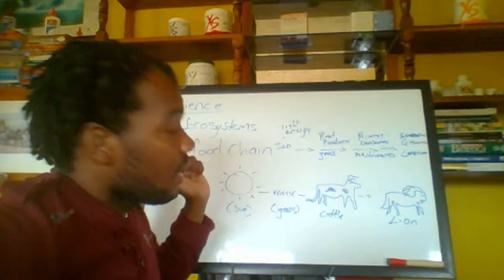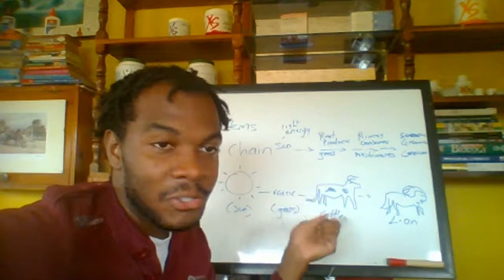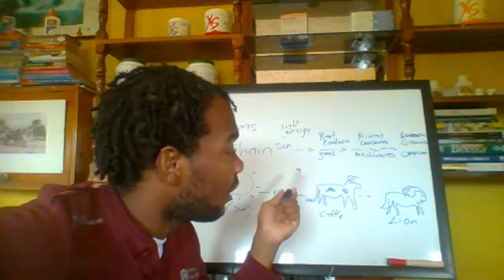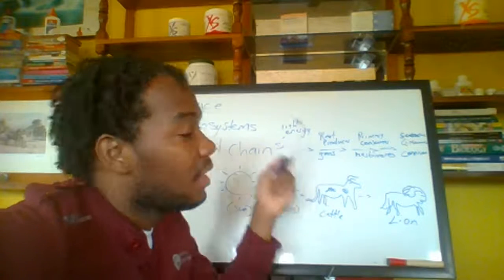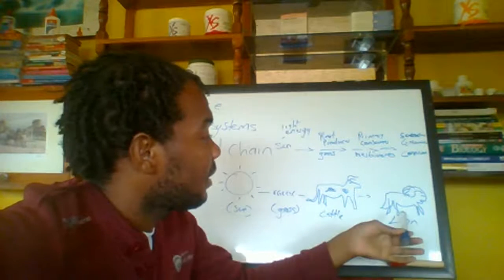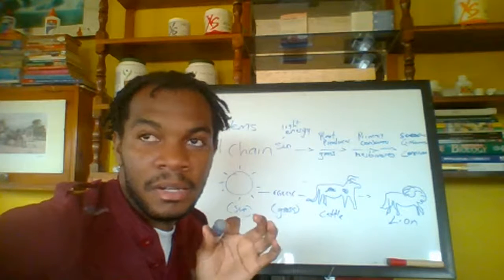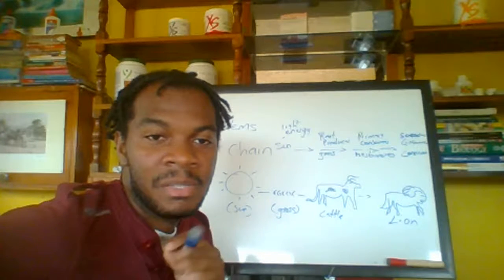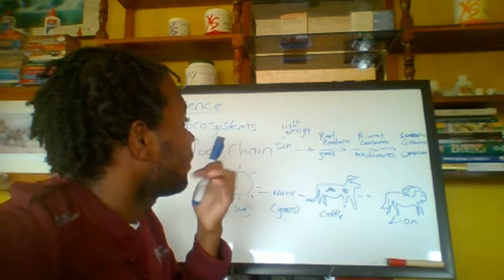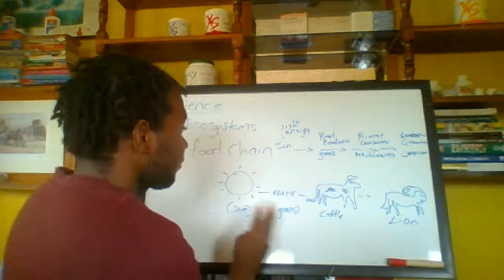Then the primary consumer, which is a herbivore, will consume this grass or plant producer for the energy. And the secondary consumer, which is the carnivore, can't eat the grass because their digestive system is not designed for it. And that's the basic way a food chain is depicted.